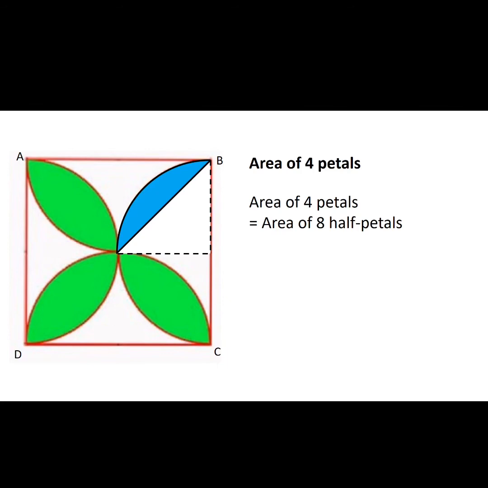Now in the previous example, we already learned how to find the area of the half petal. We take the area of the quarter circle to take away the area of the triangle. So this is the area of a half petal, and since there are 8 half petals here, we multiply this by 8 and that will give us the total area of the shaded parts in this example.